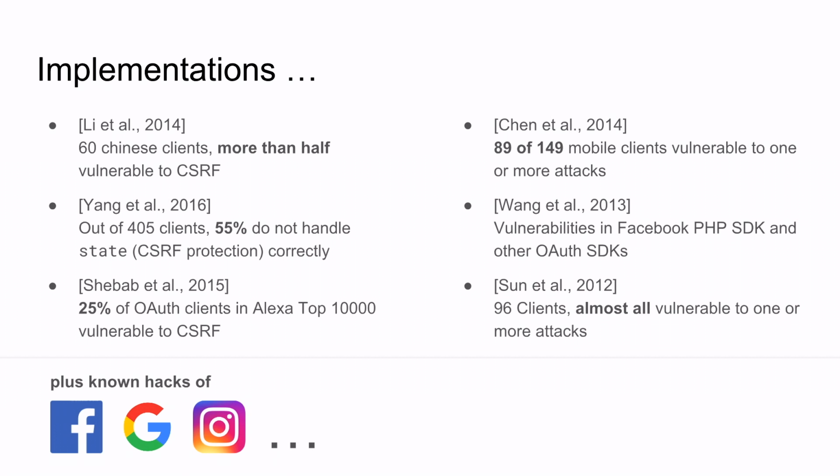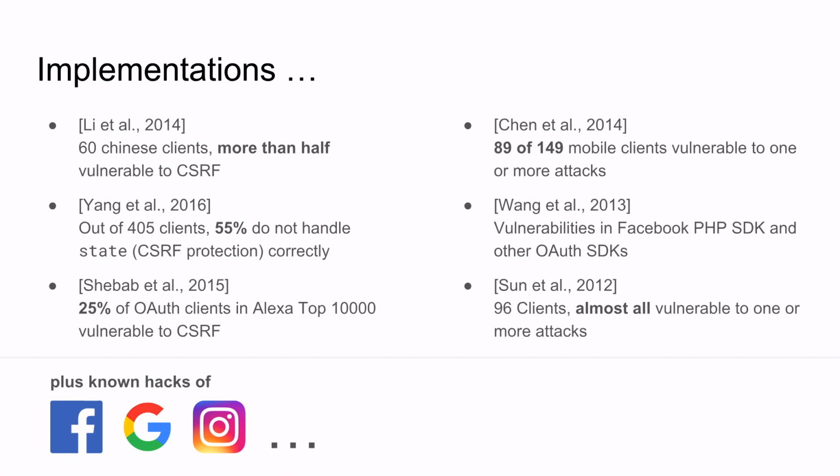For example, we see many implementations that don't properly protect against cross-site request forgery. Even in the OAuth clients in the Alexa top 10,000 websites, 25% of them don't manage to prevent cross-site request forgery properly, which is a lot.